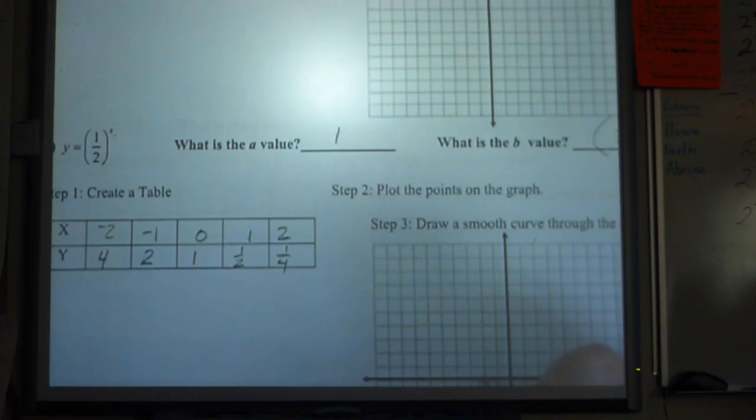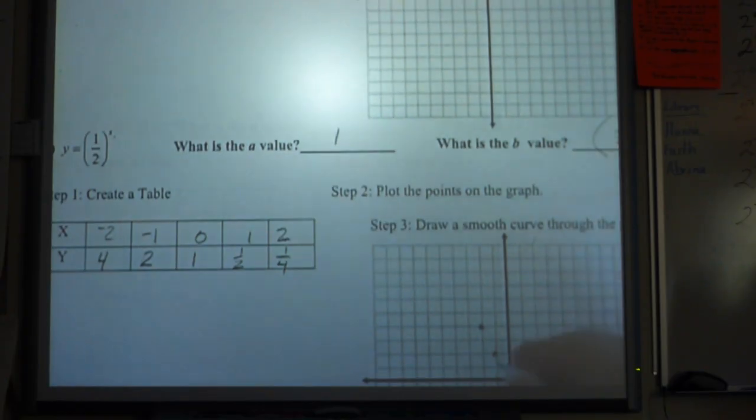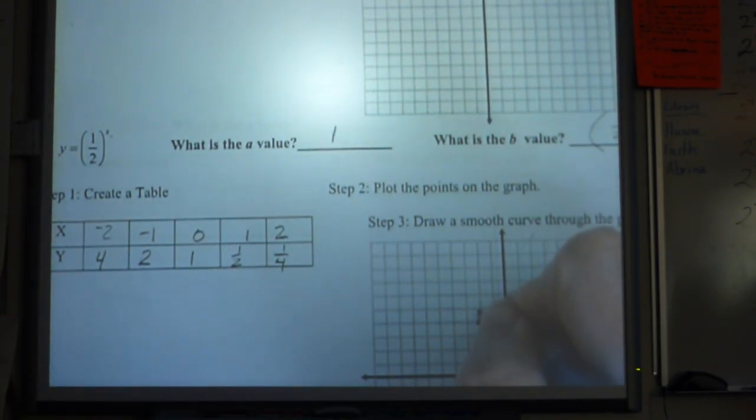-2, 4. -1, 2. 0, 1. 1, 1/2. 2, 1/4. Okay. Smooth out that graph. This is an exponential decay.